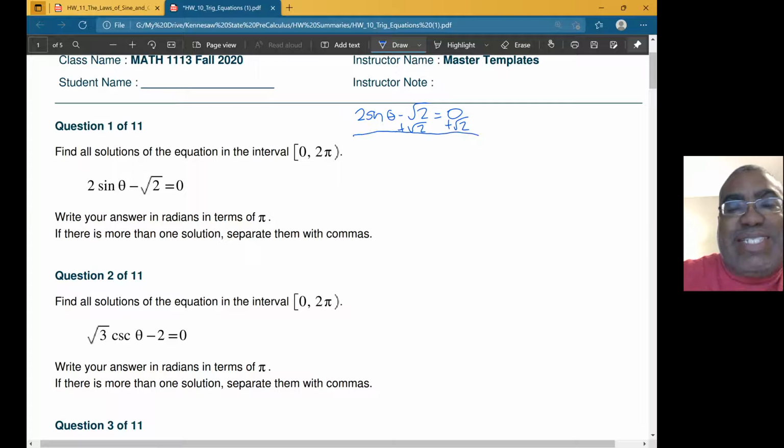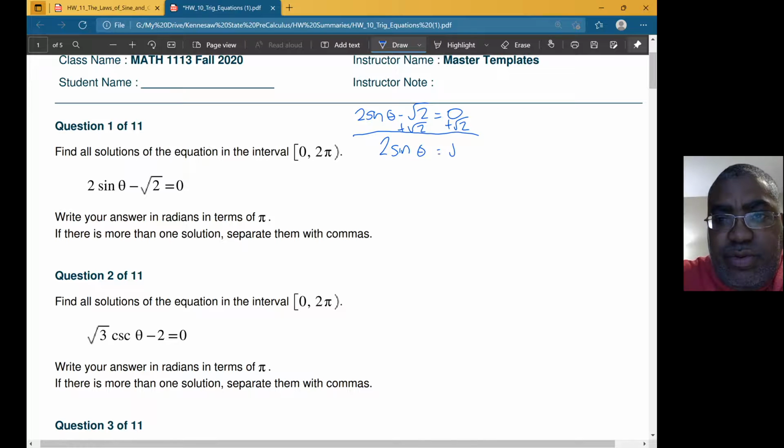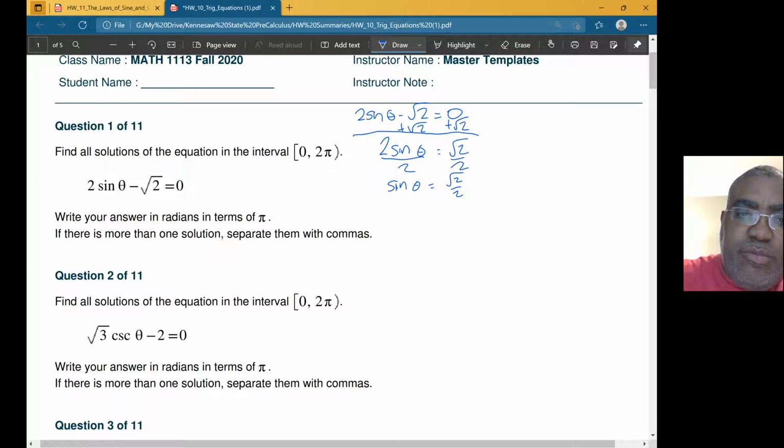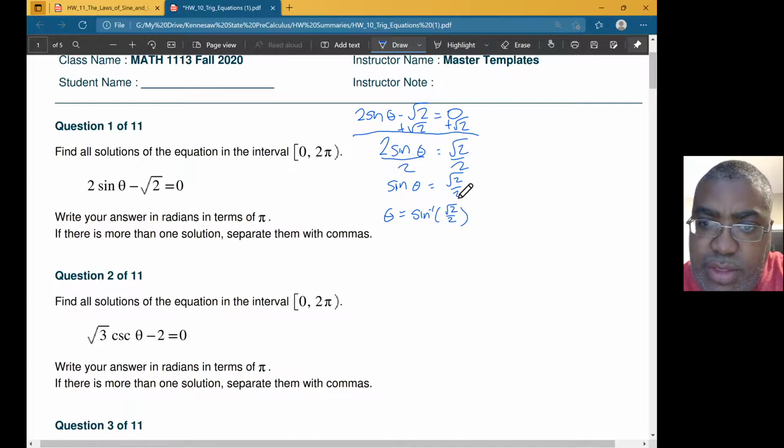For the future, I'll just say that I'm adding to both sides and maybe not write it. 2 sine of theta is equal to root 2, so sine theta is equal to root 2 over 2. Now, to be thorough, I'm going to say theta is equal to arc sine of root 2 over 2. But we all know that this and this mean the same thing.